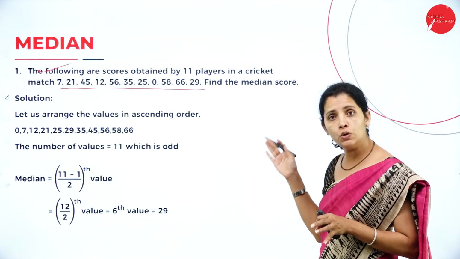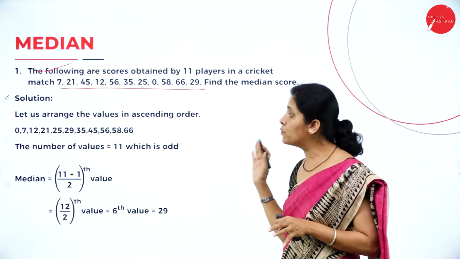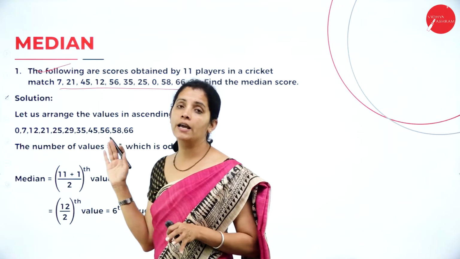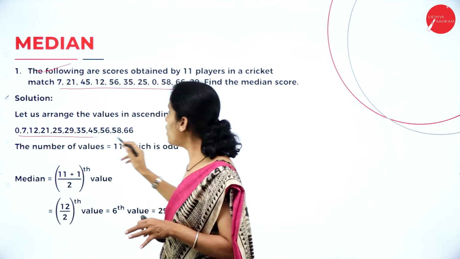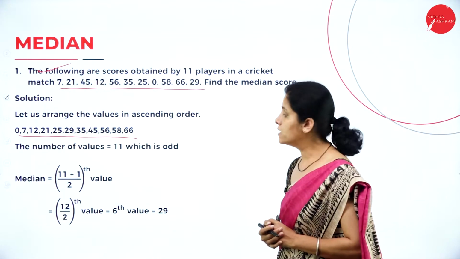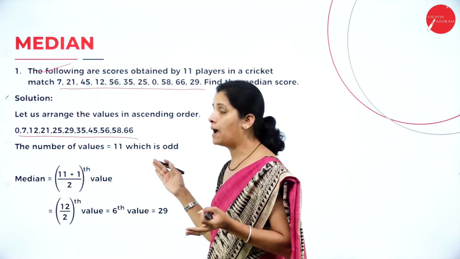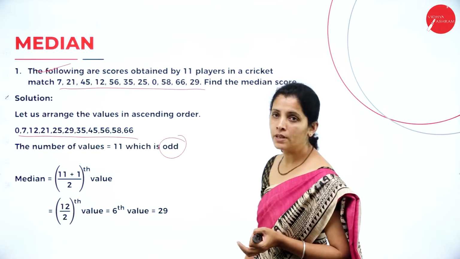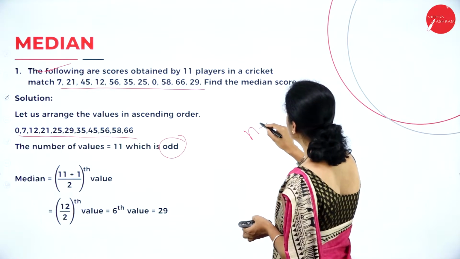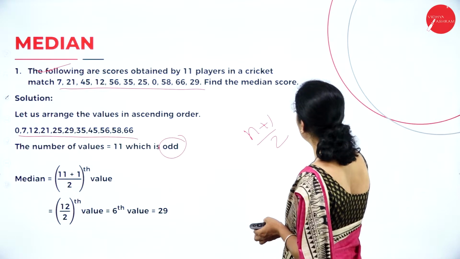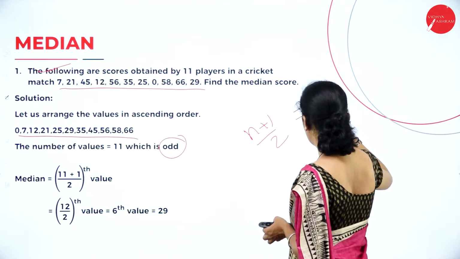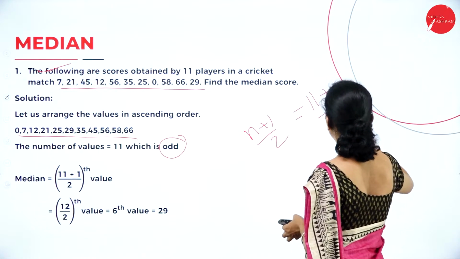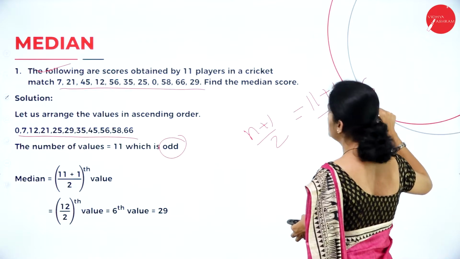Now in my first step, I'm going to arrange the data in ascending order. Fine. Now how many elements do I have? It is 11, that's nothing but an odd number. What's the formula? n plus 1 by 2. So 11 plus 1 by 2 is nothing but 6.